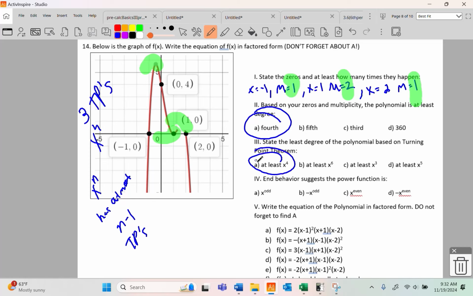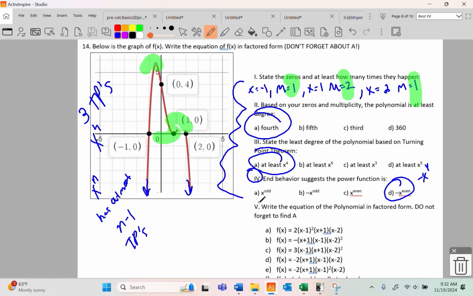By the way, it's behaving like this because the next thing is end behavior. This thing is starting low and ending low. That is the definition of a negative x to the even. And I'm pretty sure negative x to the 4th fits that. So these things right here, they are all reinforcing each other. All right? Everything is reinforcing each other. Everything.